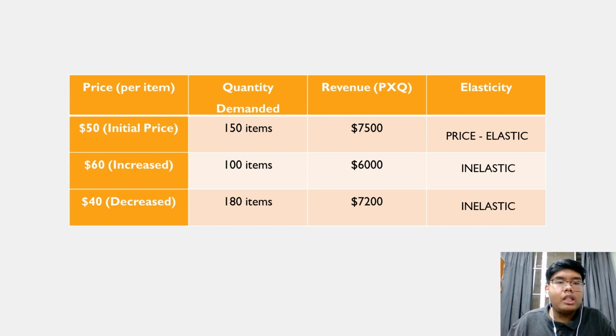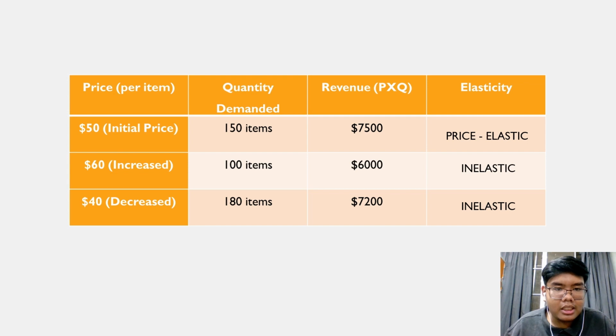So for the $50 initial price, the answer will be price elastic. Why is it price elastic? As you guys remember, the first one we got equals 0. So if you get the answer 0, it will be price elastic.